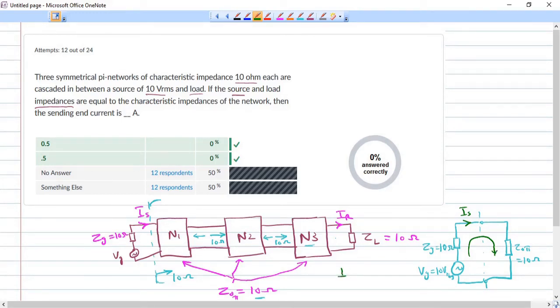Is will be equal to Vg upon Zg plus Z0 pi. So that will be 10 upon Zg is 10 ohm and Z0 pi is also equal to 10 ohm. So that is 10 upon 20, which is nothing but 0.5 ampere. Okay, so that's the correct answer.